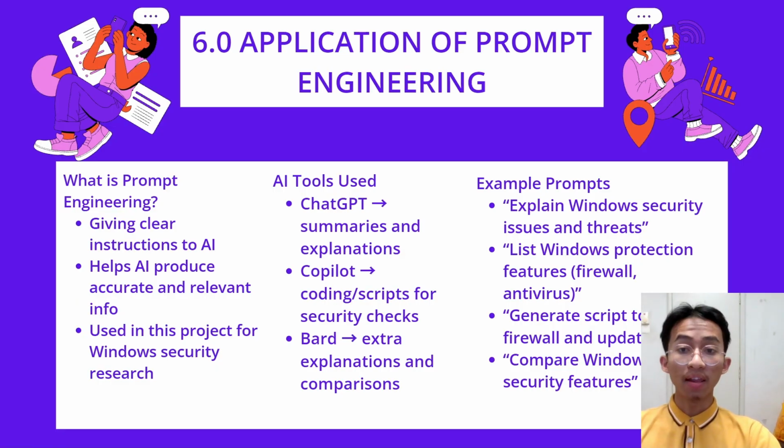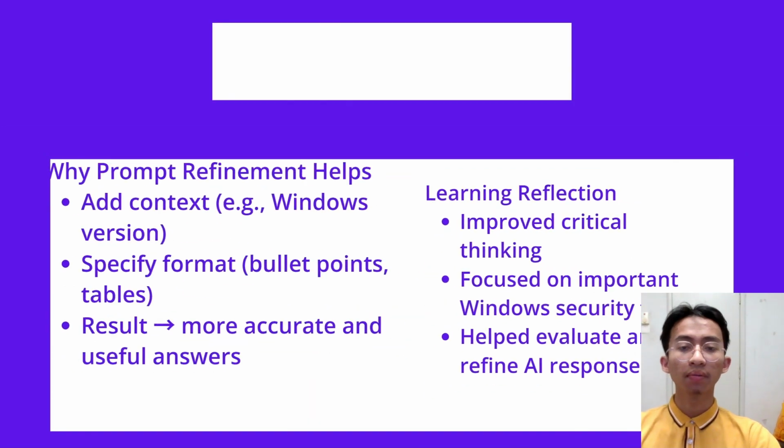Other than that, we also have examples such as listing Windows protection features like firewall and antivirus. We can also ask the AI tools to generate scripts to check firewall and updates, and compare Windows 10 and 11 security features.